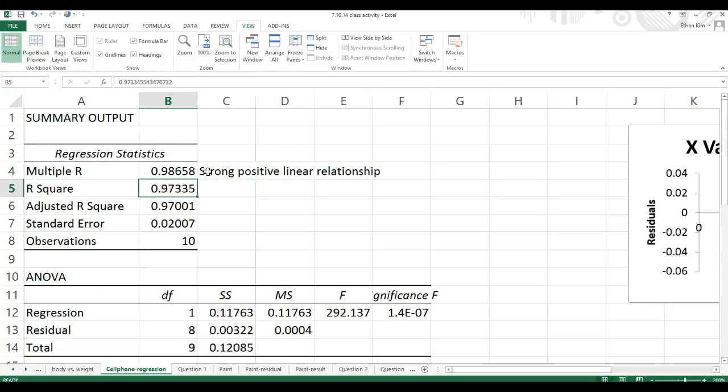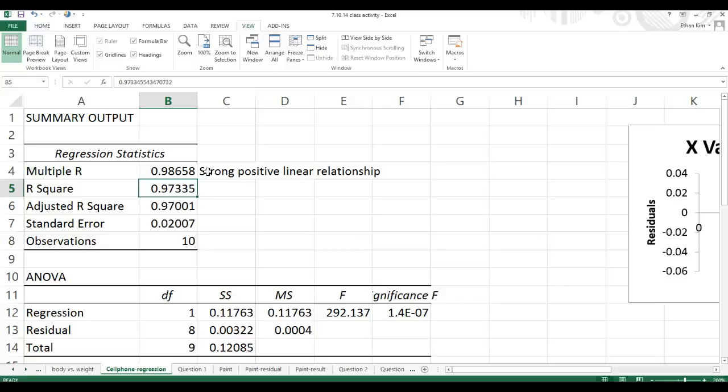And here we are very, very satisfied because why? R squared, right? R squared means how much variation in the data is explained by this model, right?